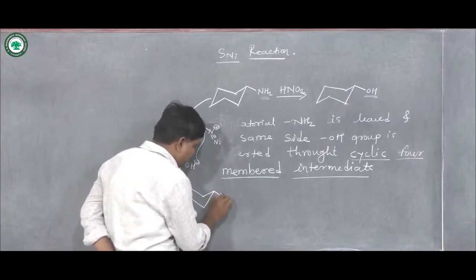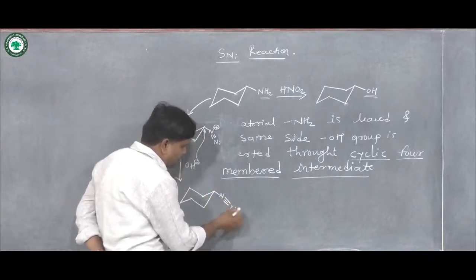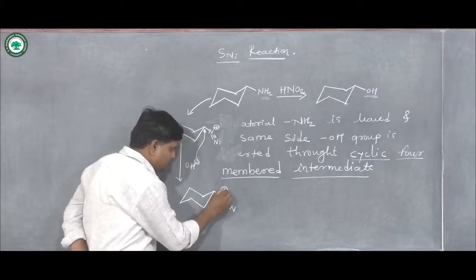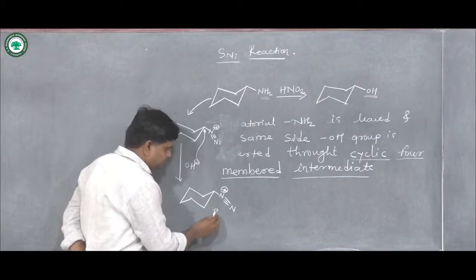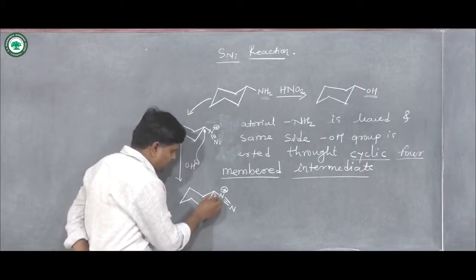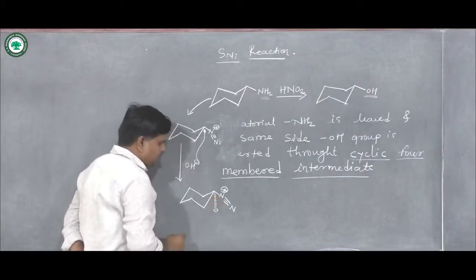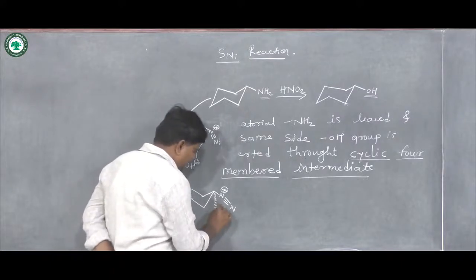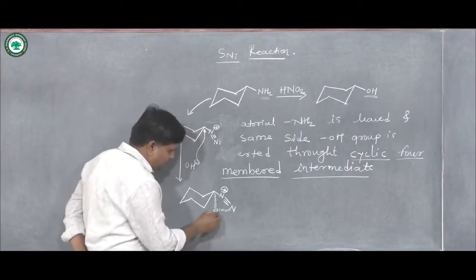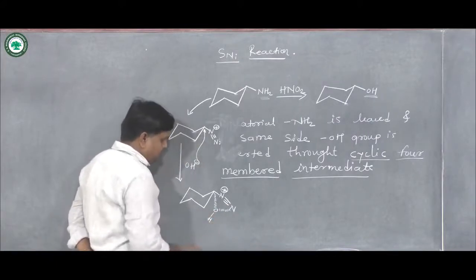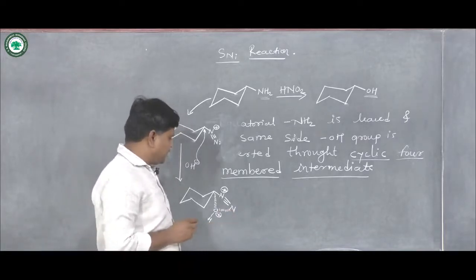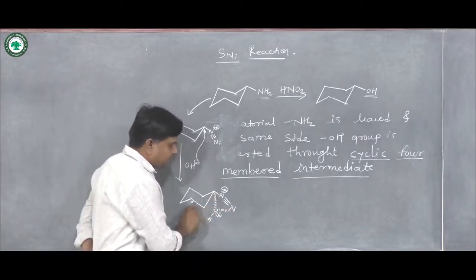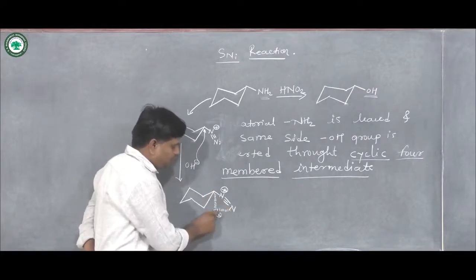Now we write here, these are two nitrogens. One nitrogen carries a positive charge, and here we write oxygen, and here the partial bond formation in between this, and here also this oxygen will interact with this nitrogen, and here your hydrogen. Oxygen also carries a positive charge, and we get this four-membered cyclic intermediate, 1 2 3 4.